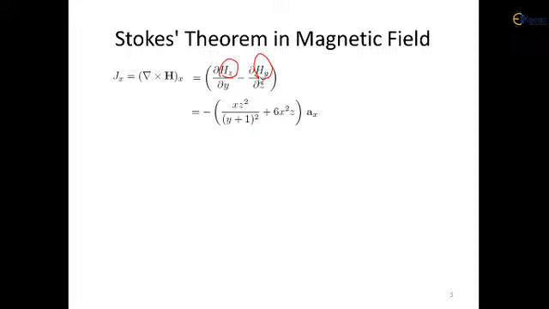This is added to the second term given by 6x square z, and this is all directed along the ax unit vector. So now the value of the cross sectional current density along the x component we have obtained, and that is represented here by Jx.